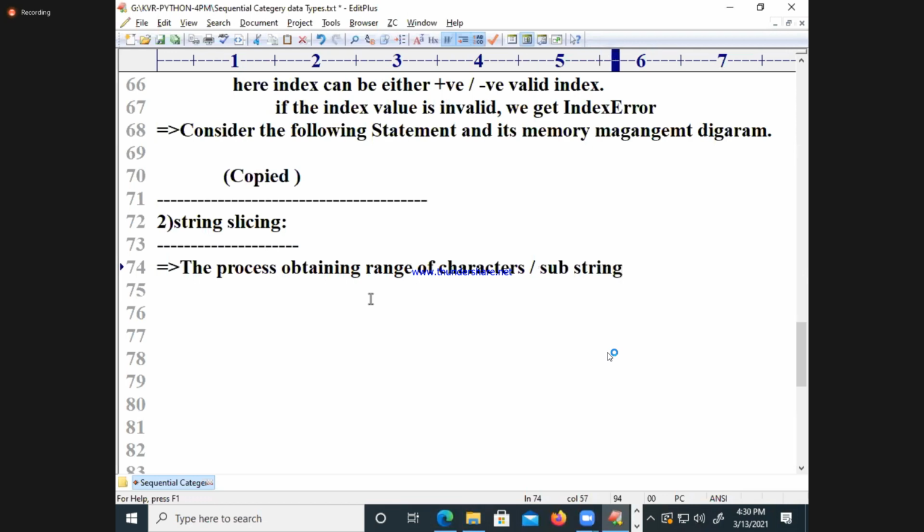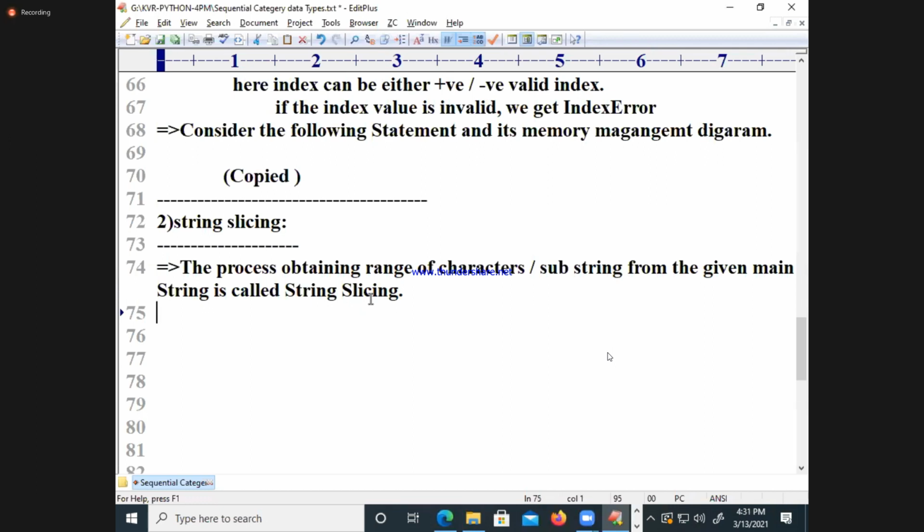Substring means part of the string, from the given main string.